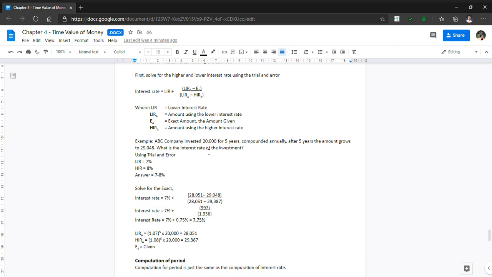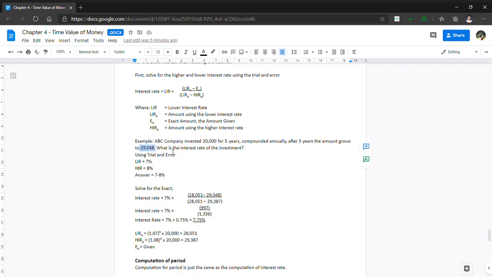So the future value factor now of 8% is 1.08 raised to 5. So, makukuha natin is 1.4693. 1.4693 multiplied by 20,000, makukuha natin yung future value niya na 29,387. So, lumampas na tayo sa 29,048.